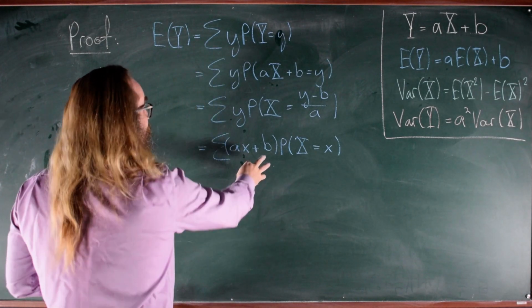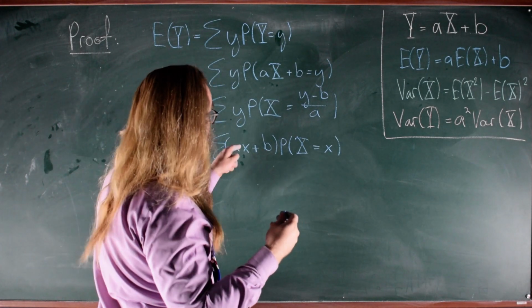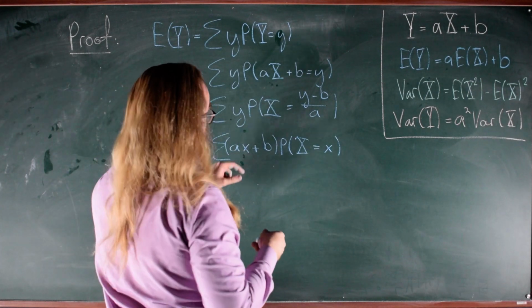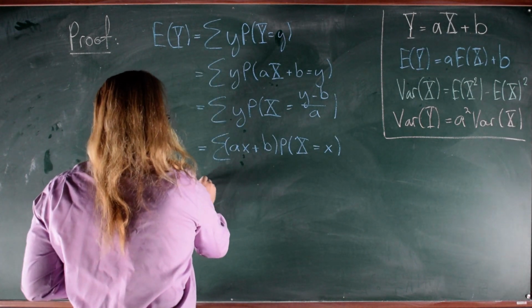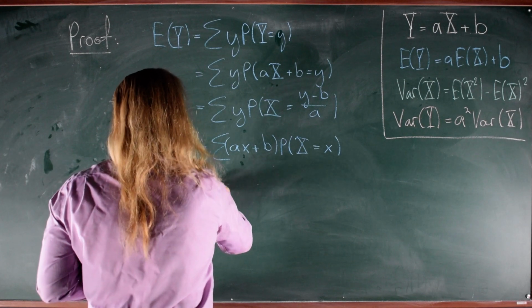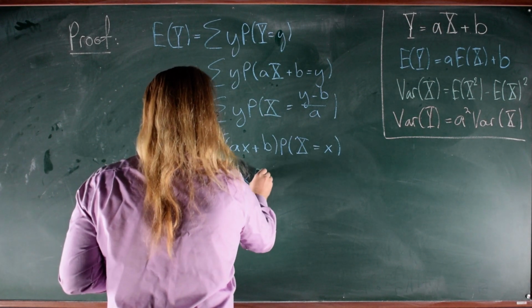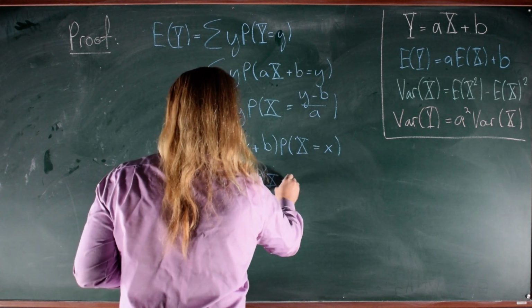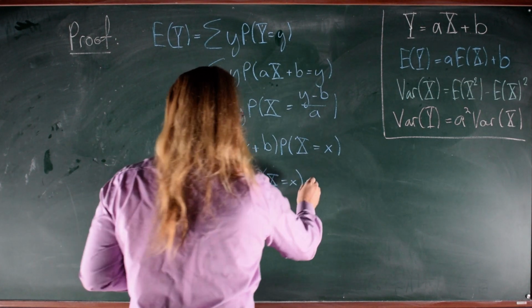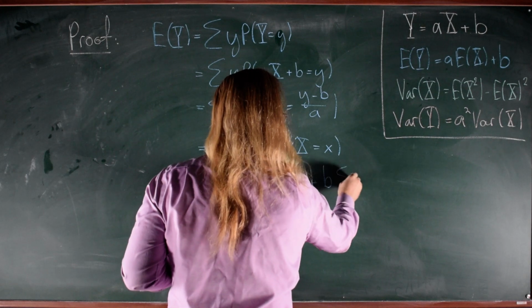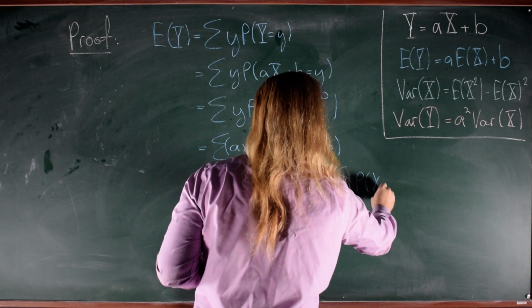All right? Now I can use the linearity of the sum to make our little conclusion here, which is that this will become a times the sum of x times the probability that X is equal to x, plus b times the sum of the probabilities.